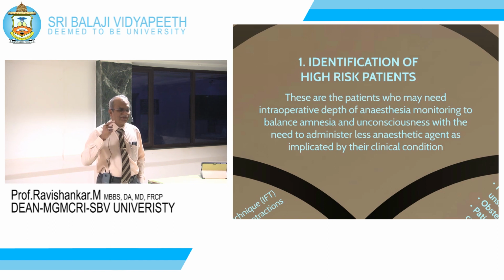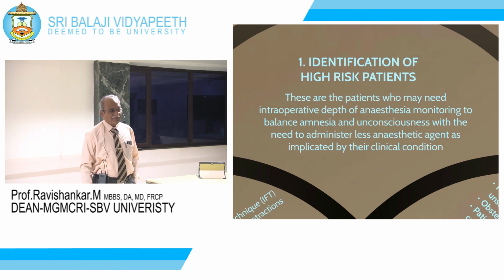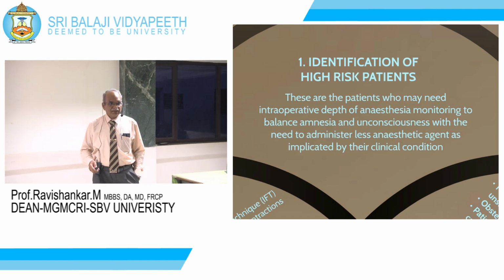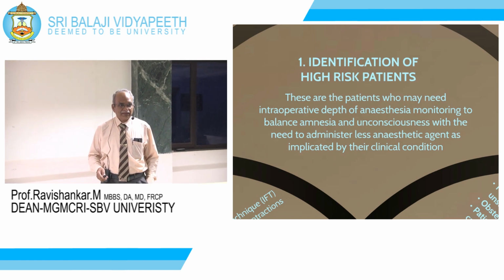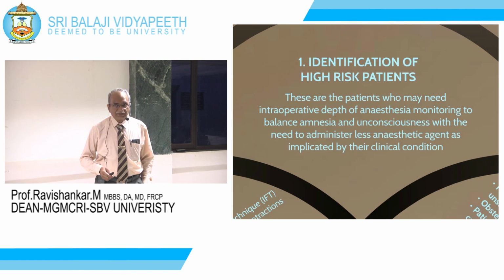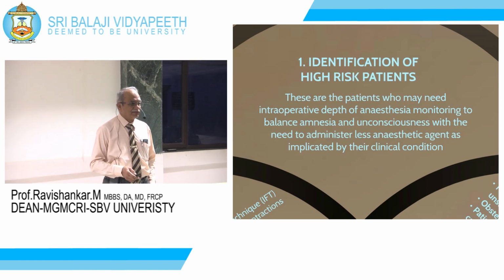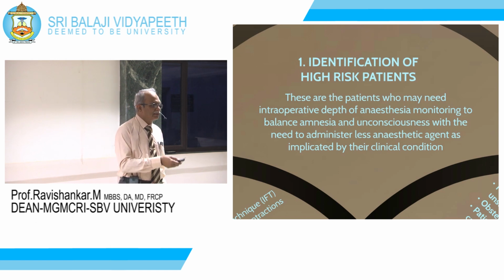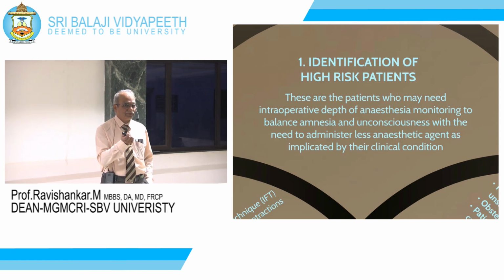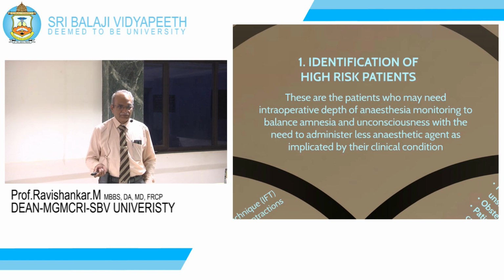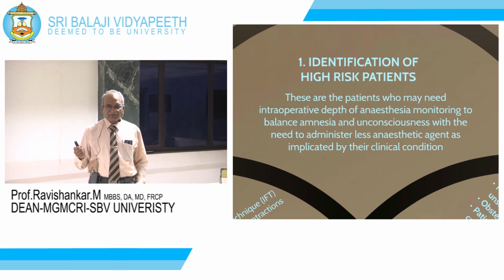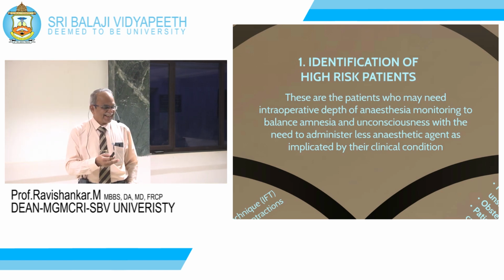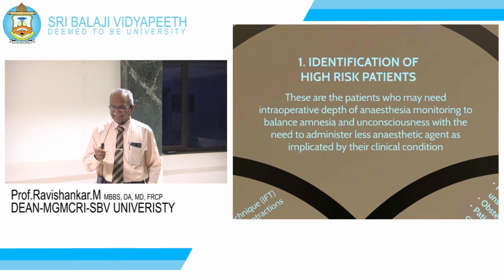Type A personality. What does it mean? Generally anxious. Okay. Then anything else? Cesarean sections, yeah. Then? History of previous awareness. Okay, I've given you 3 cases, yeah.